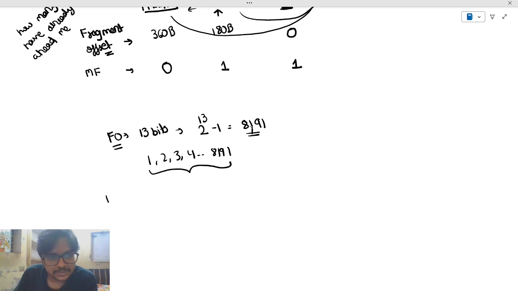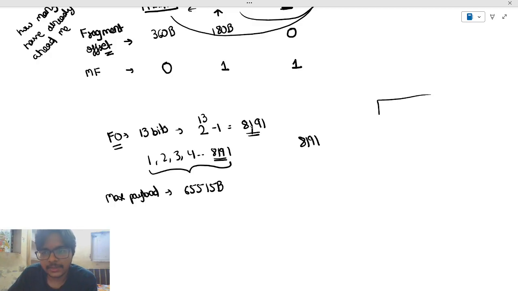But the maximum payload in a fragment is 65515 bytes. According to the fragment offset field, the maximum number that can be present is 8191, but the fragment that has already been sent can have 65515 bytes of payload plus 20 bytes of header.